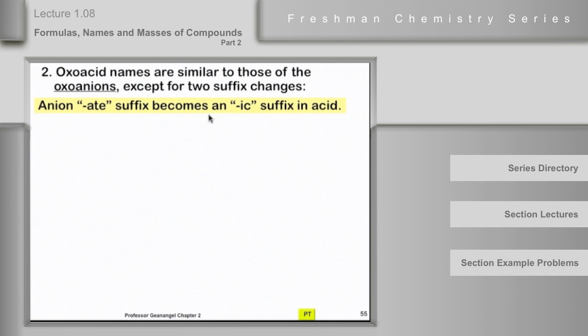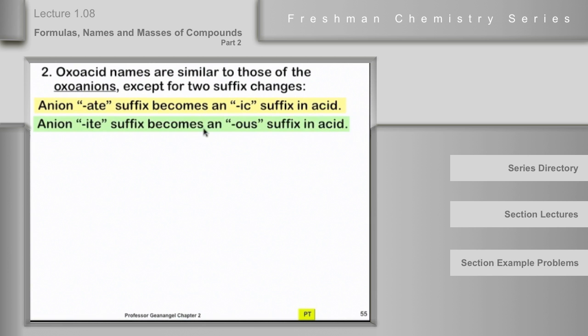You would not use the word hydro. You would start with the root name of the anion, the nonmetal in the anion, add IC, and acid. If the anion has an ITE ending like chlorite or sulfite, then the suffix, instead of being IC, becomes OUS.